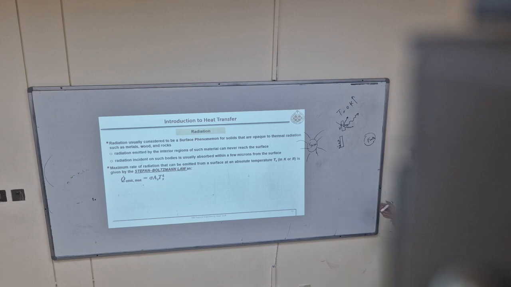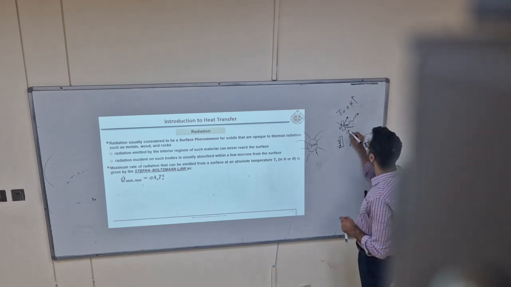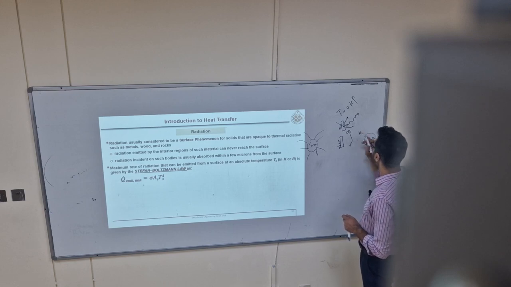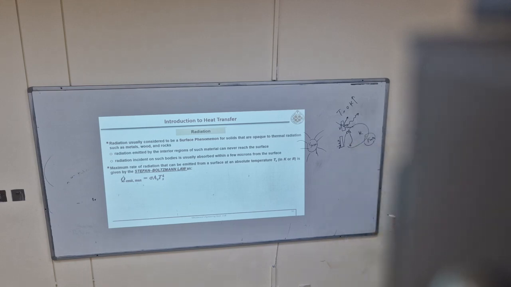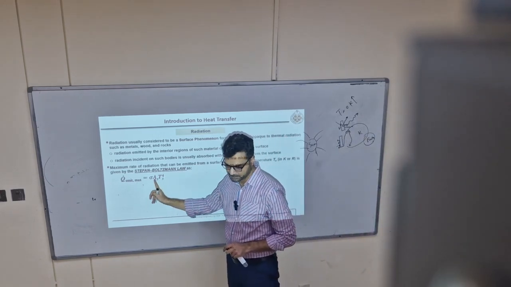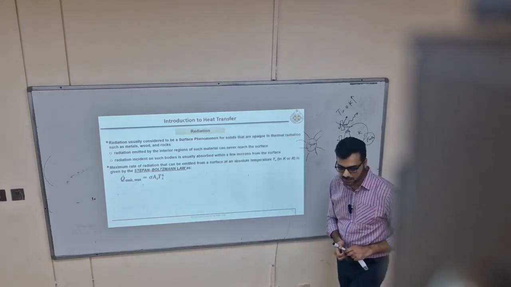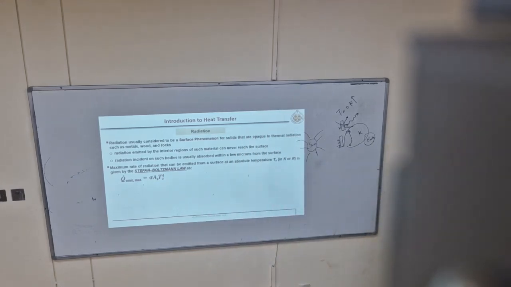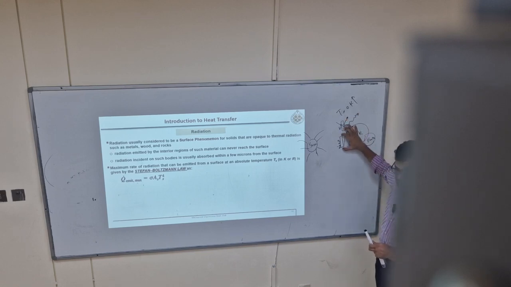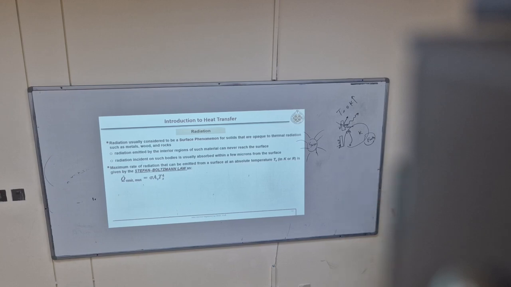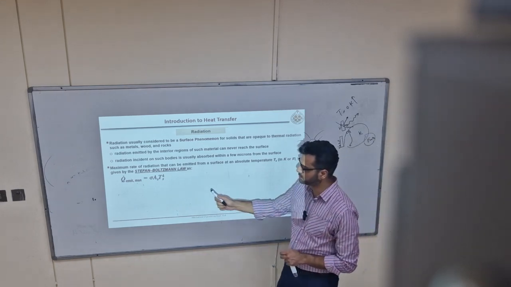So if you integrate over all wavelengths and in all directions, after doing those integrations, that is the final equation which we have here. And that is the maximum possible radiation emitted, only emitted we are talking about, emitted by a body, not absorbed or transmitted.